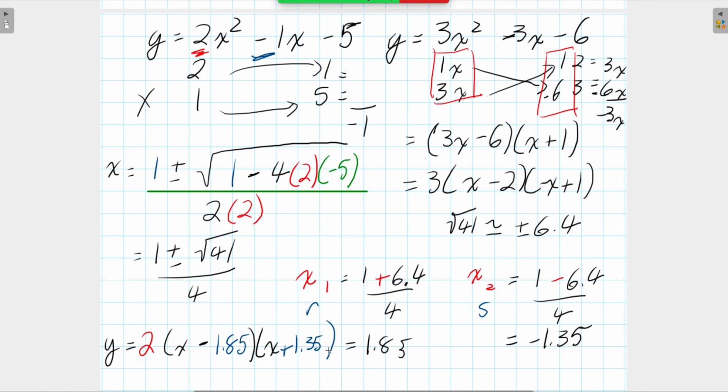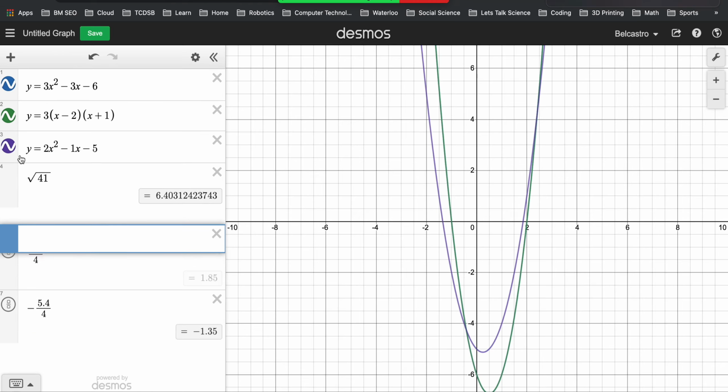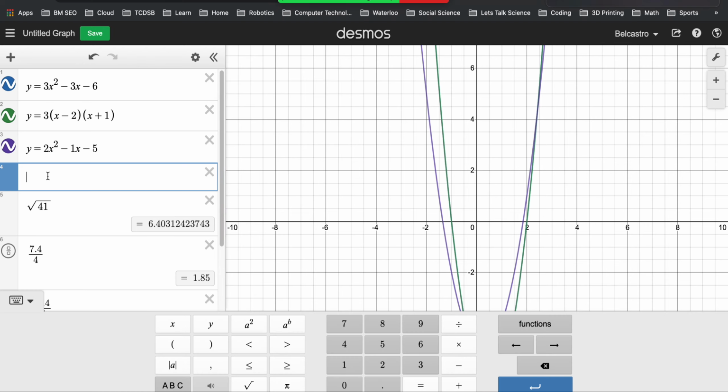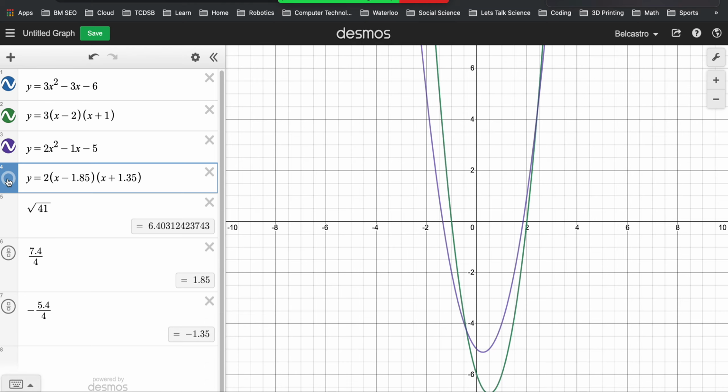Okay? So, if I write that in, I'm going to do my best over here in Desmos to write that in. Let's move this up so it's a little closer. We said y was equal to 2, x minus 1.85 and x plus 1.35. And if we turn it off, it is pretty much overlapping our purple one.